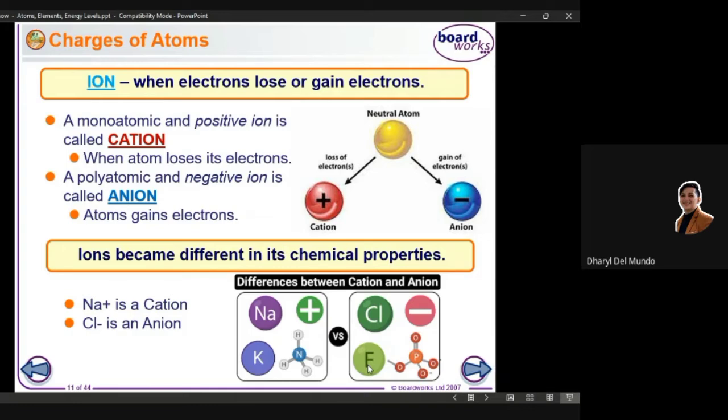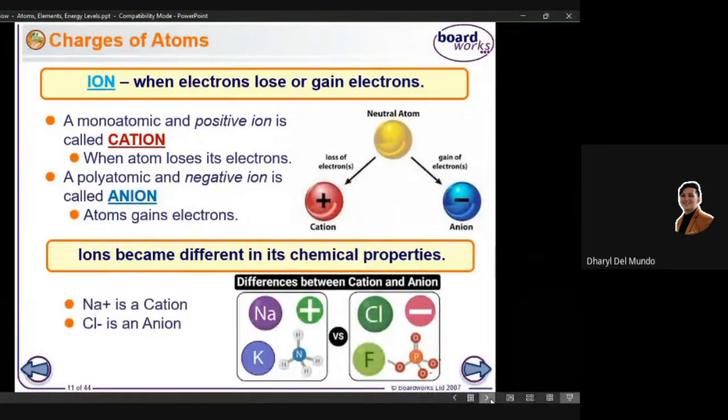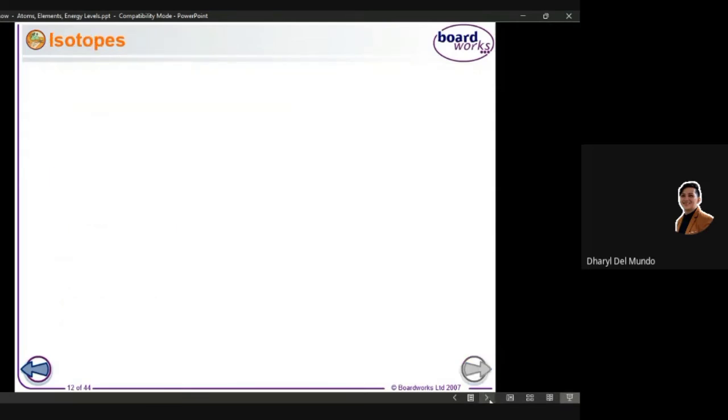So that's how potassium fluoride came into the picture. It's because of their cation and anion. Alright? Again, it is because of the gaining and losing of electrons. That's how ions are produced. Alright.